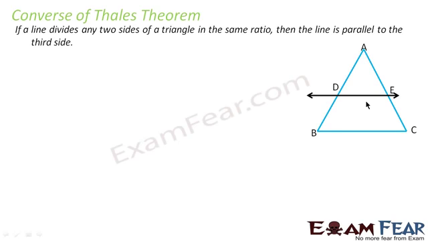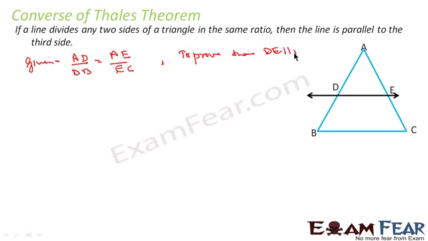For example, these are points D and E. So the given is AD by DB is equal to AE by EC. That is given. That is, it is proportional. We have to prove that DE is parallel to BC.